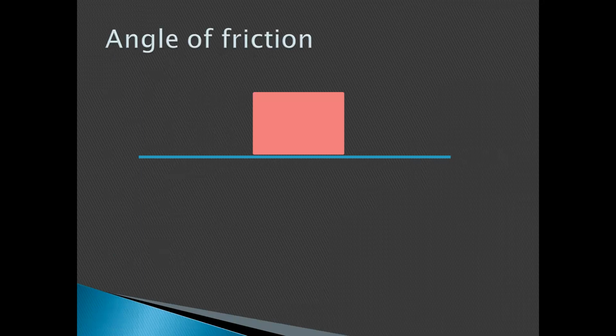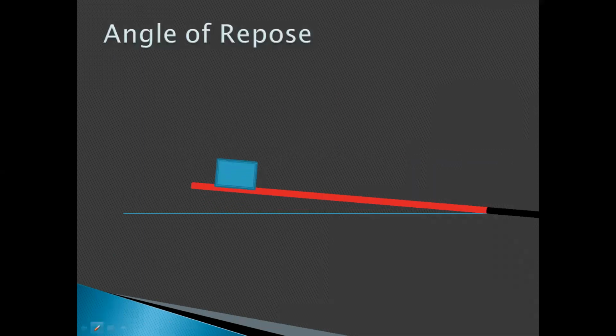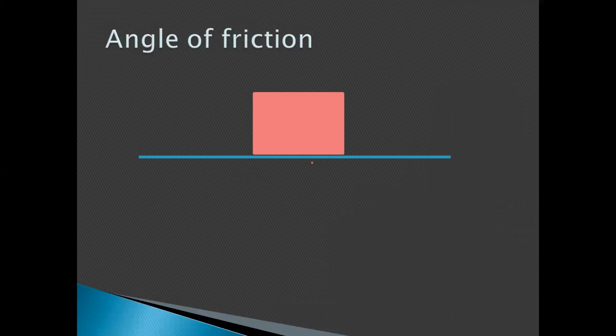Then we have seen the angle of friction. Angle of friction means the angle made by the resultant of the limiting frictional force, which is called F max, and the normal reaction.